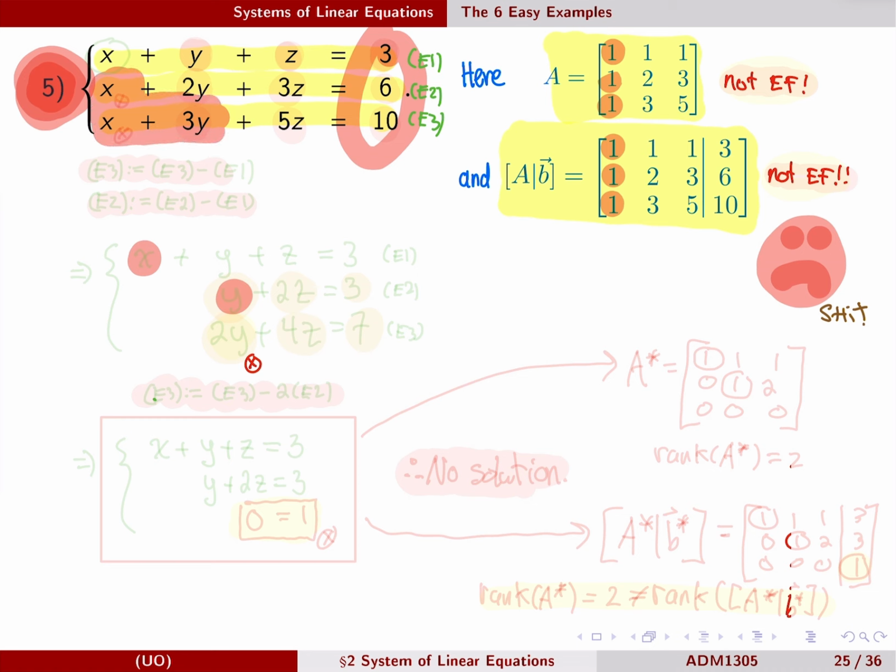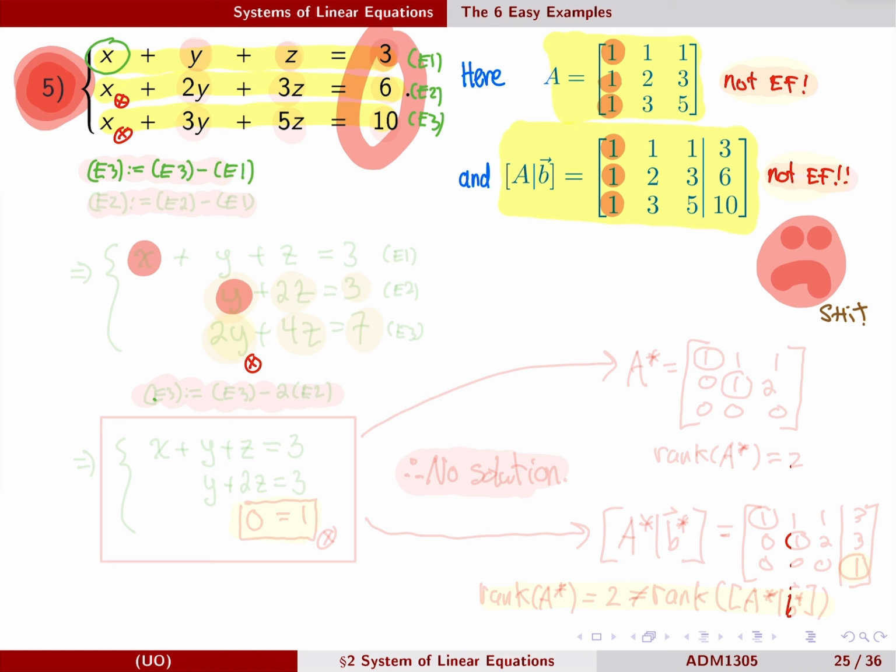So what I mean by this is that I'm going to keep the x in that first equation, but I'm going to destroy the x below in the second and third equations by doing some elimination. So how do you do elimination? Well, for example, equation 3, you can say that it's going to be equation 3 minus equation 1.